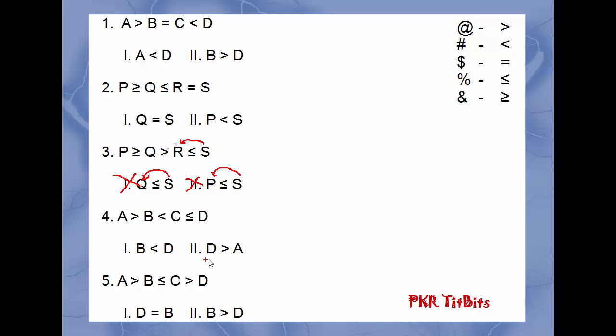Coming to the next question. So we have to start from D and end at B. So it should be like D to C and C to B. So we are true with this condition.